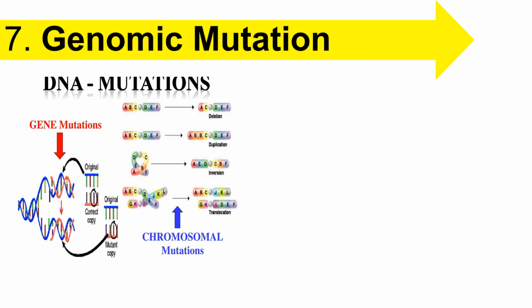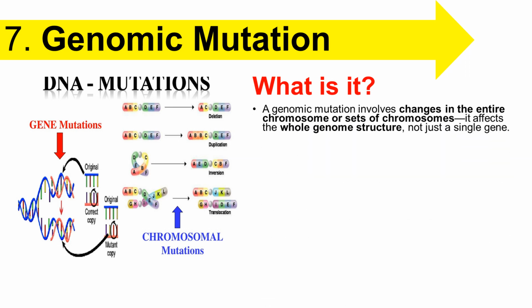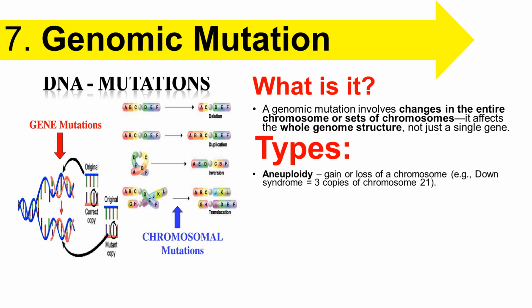7. Genomic mutation. What is it? A genomic mutation involves changes in the entire chromosome or sets of chromosomes. It affects the whole genome structure, not just a single gene. Types: aneuploidy, gain or loss of a chromosome, e.g., Down syndrome equals 3 copies of chromosome 21.